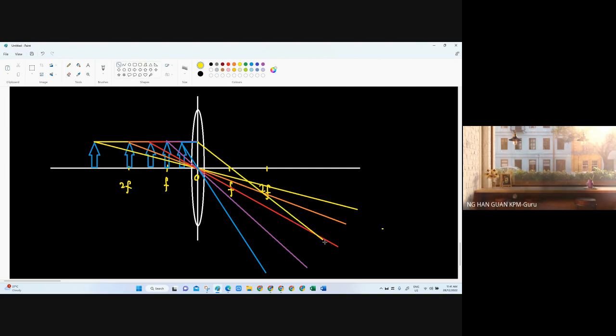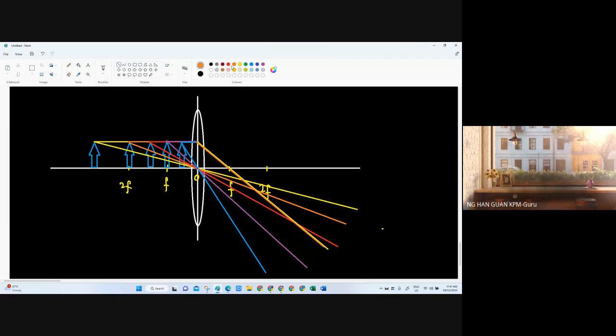Yellow refers to yellow, and then the orange is also the same; it deflects to focus. Basically, you see all will be the same.